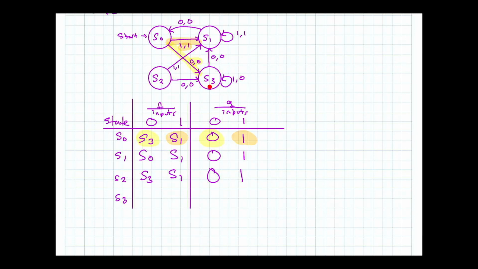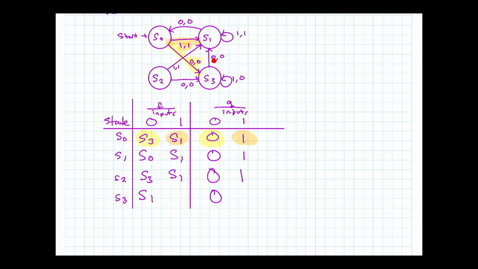Last one, S3. So S3 looks like input 0 is going up and input 1 is a loop. So input 0 is S3 to S1. So that's this direction. So 0 and then S3 to S1. So this is S1. Then input 0, output 0. So this is a 0.